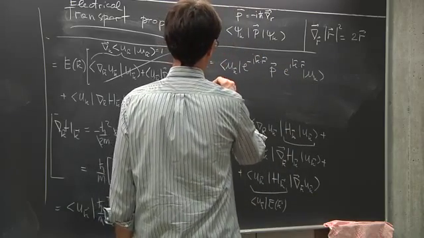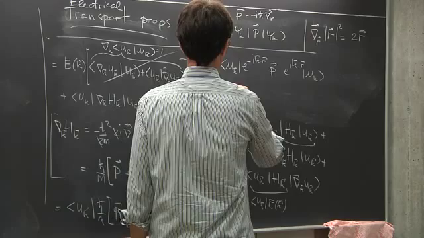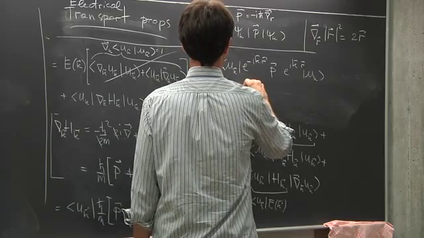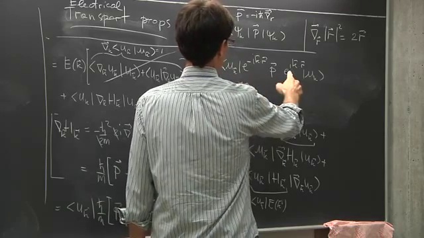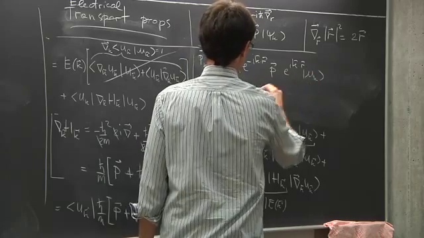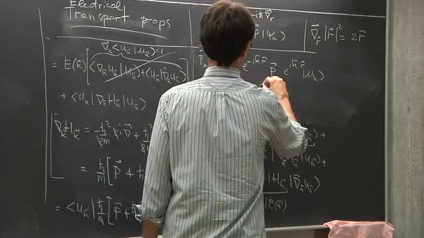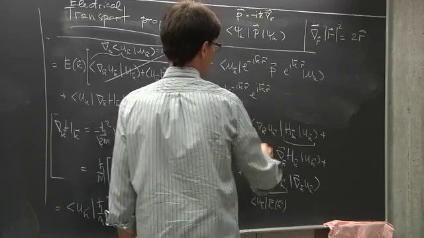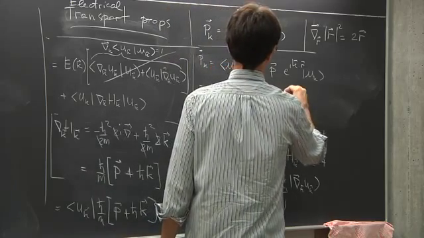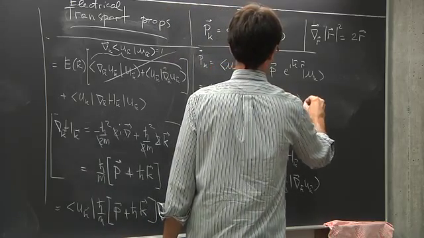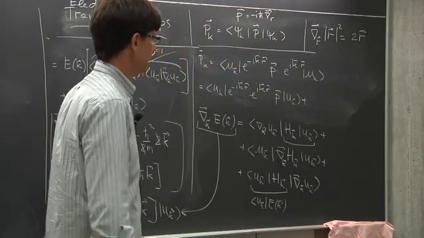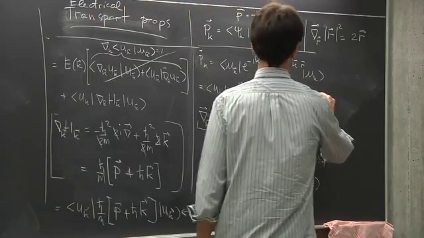So this is equal to u of k e to the minus i k dot r. Let me do it first on u. So I let e to the i k r go through, and I apply p to u, plus the opposite, right?